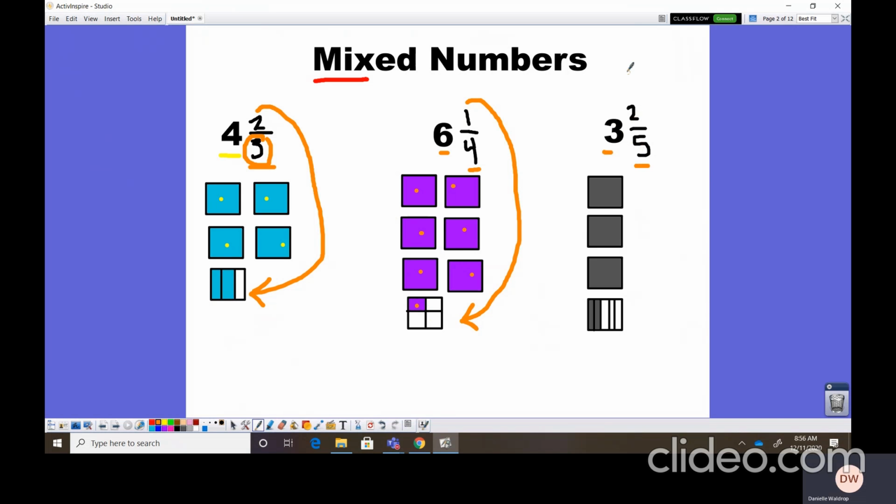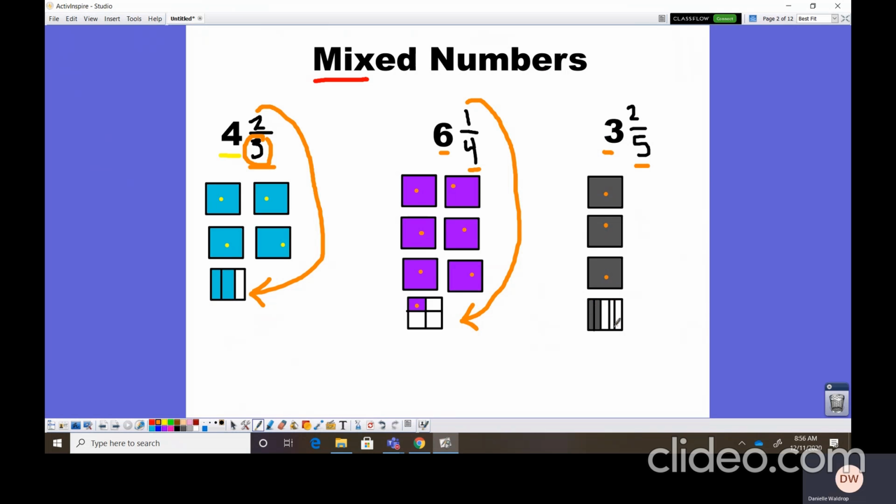Whole number and a fraction, okay? So 3 2/5. So on this one, I needed 3 whole squares, and then of course, a fraction. So I needed 3 squares, so I did 1, 2, 3 gray squares. And remember, my last square to represent my fraction has to be the same size as the other ones.